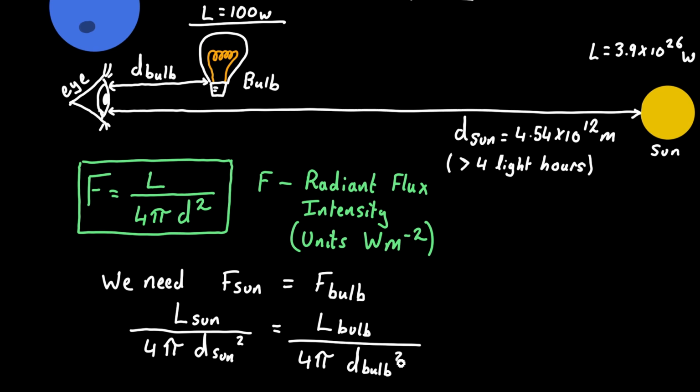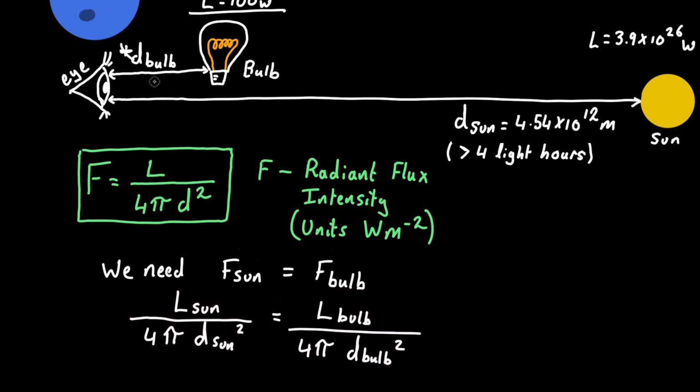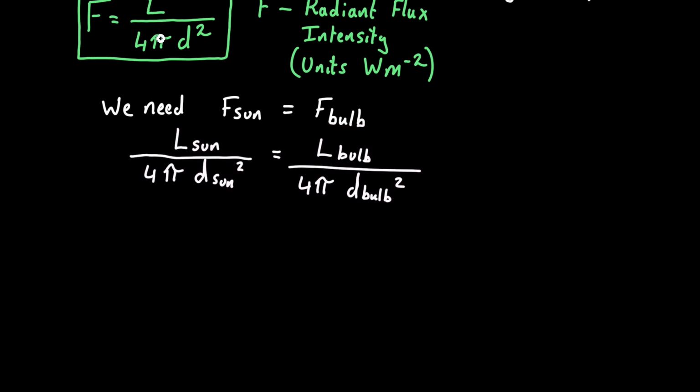We don't know the distance of the bulb yet, but we've got the distance of the sun, we've got the luminosity of the sun, and we know the luminosity of the bulb, which is 100 watts, and we'll need to rearrange this equation. Because we've got 4 pi on both sides of the equation in the denominator, they both cancel out. So we end up with this equation here.